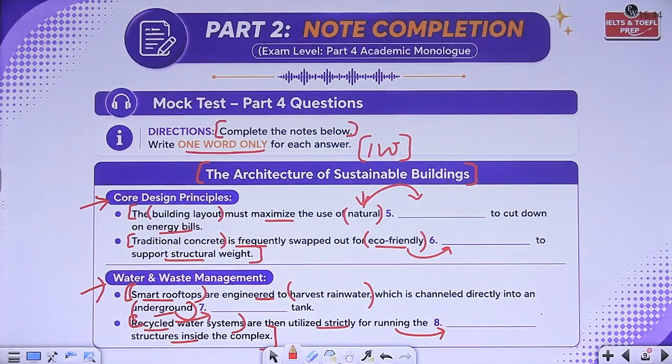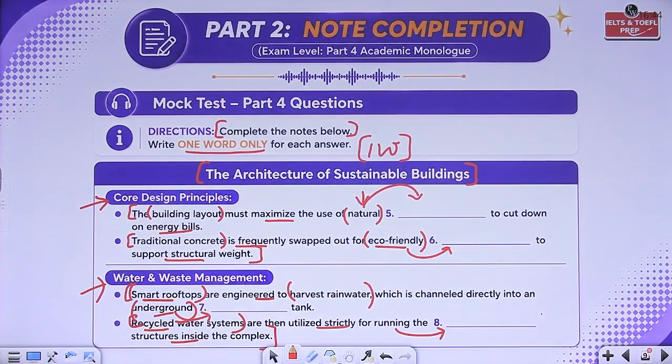By doing this, commercial complexes drastically decrease their reliance on artificial grid power during peak daylight hours. Furthermore, raw materials play an essential role. While standard industrial developments rely heavily on carbon-intensive concrete, modern green structures use highly compressed timber as a durable, sustainable alternative to support the weight of the primary frames.